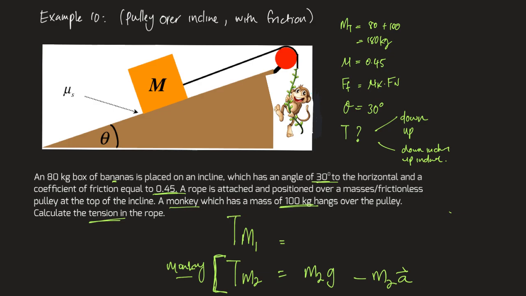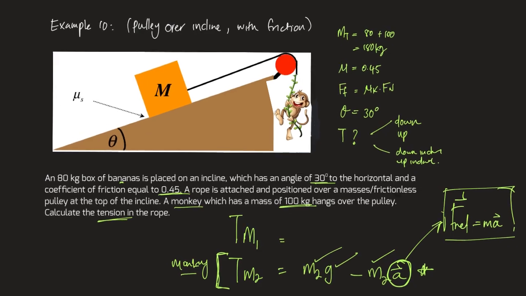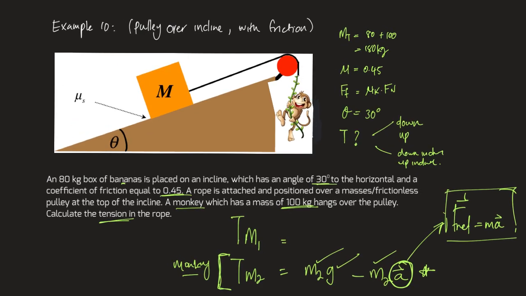But my problem in this whole thing is I have mass 2, I have g, I have mass 2, I don't have a. So to get to this, to finally substitute into this formula, I need to find the acceleration. Now the only way to find the acceleration is if I go F net is equal to ma. So I first need to do this whole little chunk of information before I get into actually doing what I need to do.